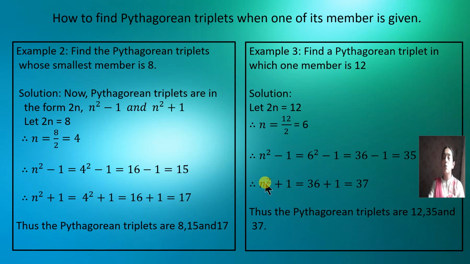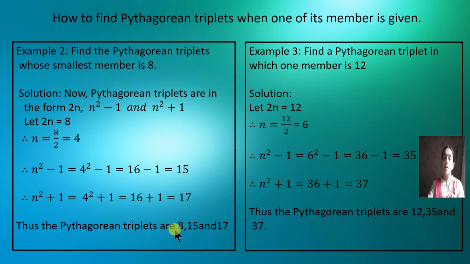N square is 6 square and 6 square is 36 plus 1, which is equal to 37. So these are the Pythagorean triplets. What is the value of 2n? 12. So one member is 12, another member is 35 and the third member is 37. So the Pythagorean triplets are 12, 35 and 37.